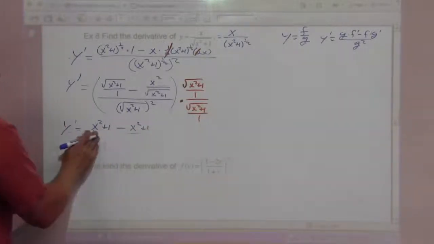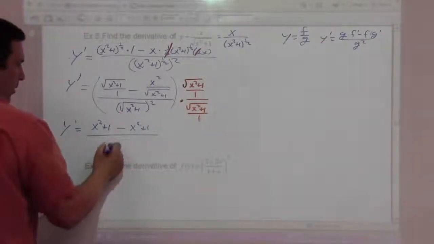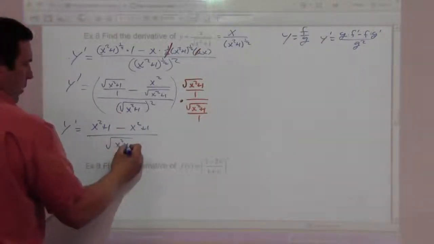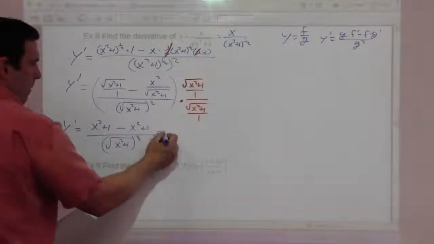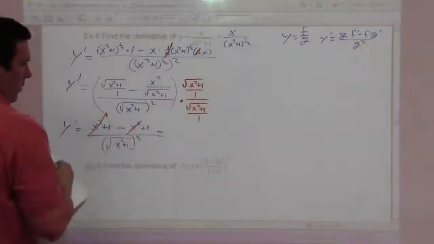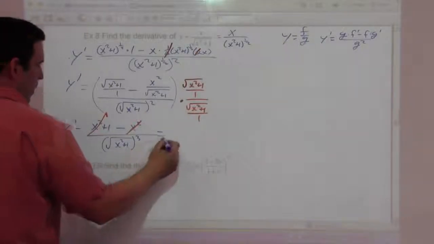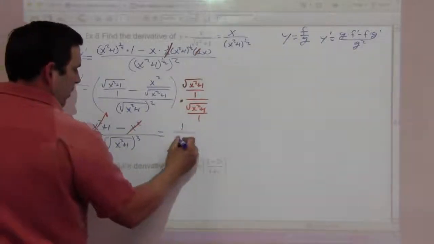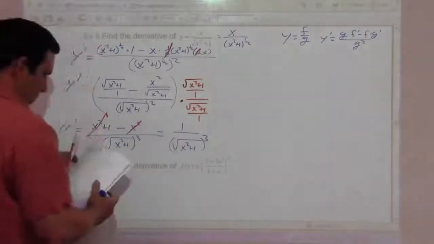And I could just drop that 1 off. So now we have down below the square root of x squared plus 1 squared times this again is cubed. So up top, what do we have? These are going to go away. There's no plus 1 there. So we have 1 over the square root of x squared plus 1 cubed.